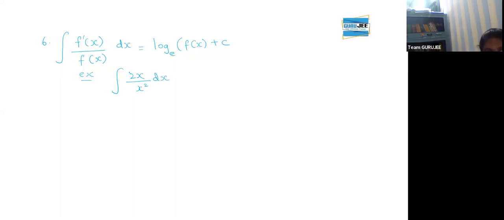Now what is f dash of x? If f of x is the function, f dash of x is the derivative of f of x. Then the answer will be equal to log e of x squared plus x.